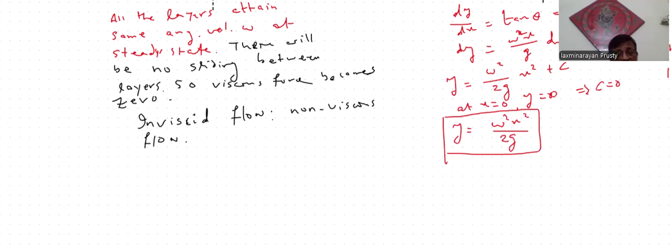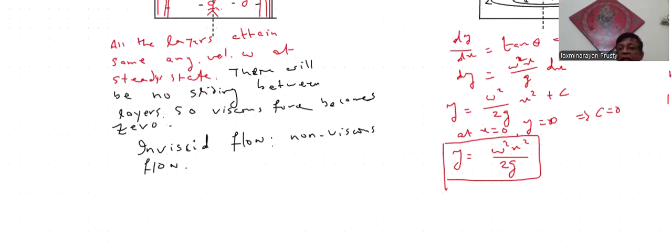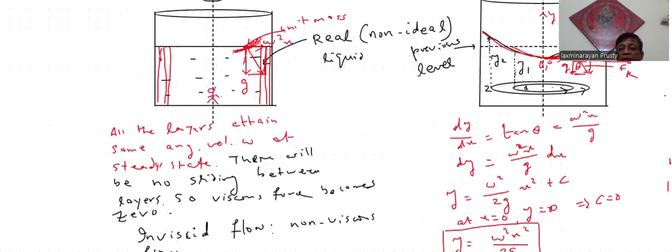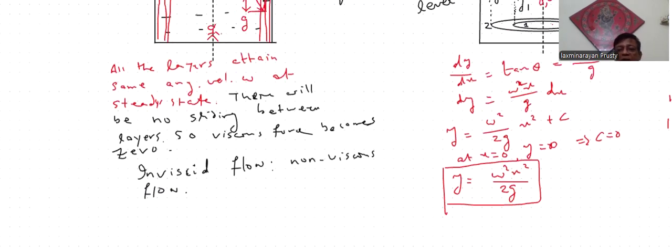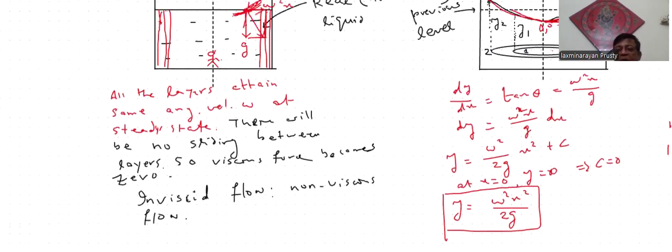So friction coefficient is there, the surface is still rough, but this friction force is not there. You must have noticed that. Similar here only. Viscosity is present, but viscous force is not acting while this steady state condition is reached. And in that steady state condition, the top surface is parabolic and the equation is this. Am I clear?